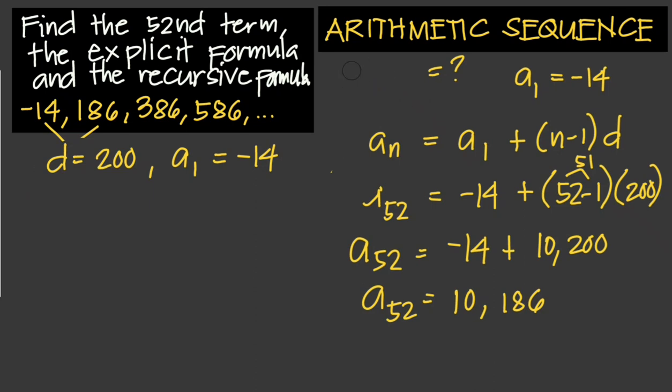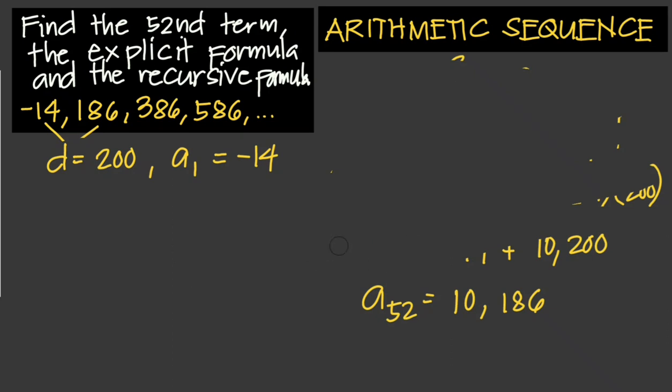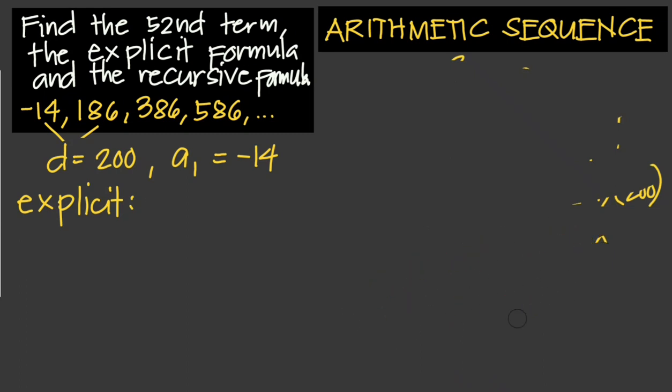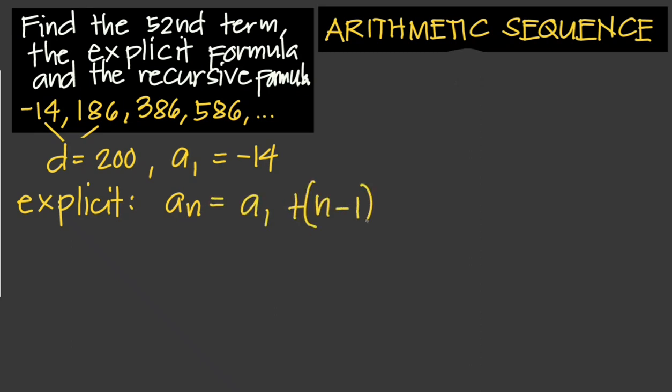Now to write the explicit formula, the standard explicit formula is a sub n equals a sub 1 plus n minus 1 times d.